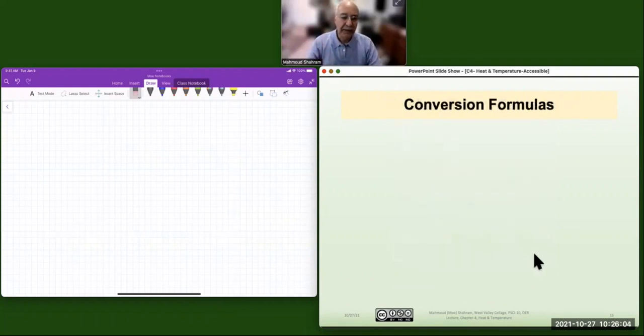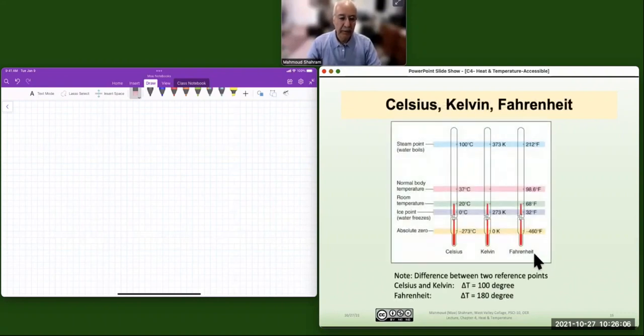Then we use Fahrenheit, which we are all familiar with and use all the time. We assign 32 as the ice point and 212 as the steam point. So the scale here is a little bit different from these two. Therefore, we have to find the relationship between these so that we can convert one to the other.